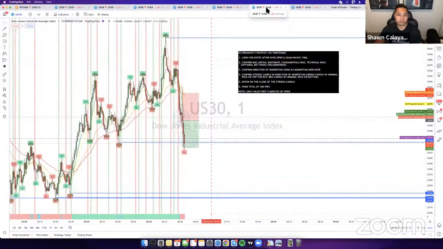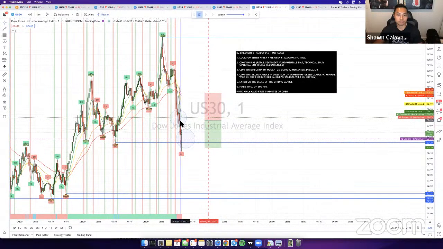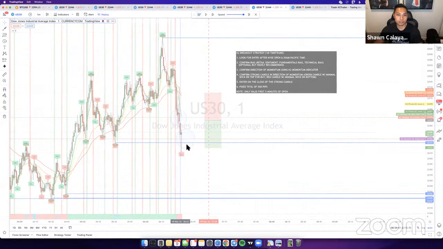Other than that, let's see. Yeah, Jacob's right. Jacob mentioned it doesn't look like a strong red candle. It looked like a strong red candle when it closed, and then it kind of spiked up. So depending on how you would have analyzed this candle, if I go back and rewind, a couple of things you can do.